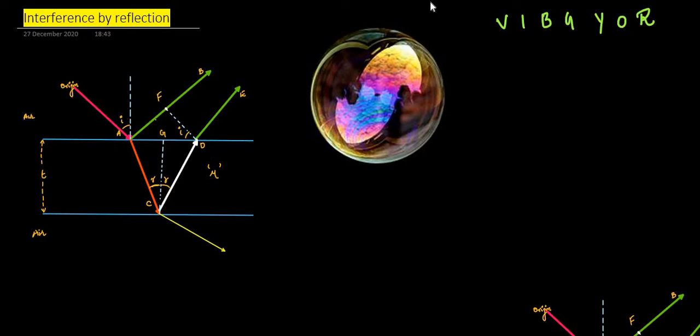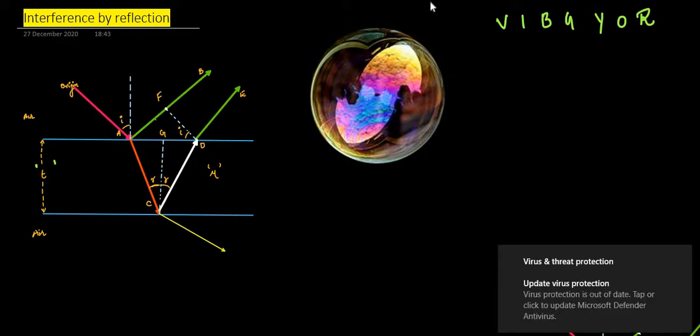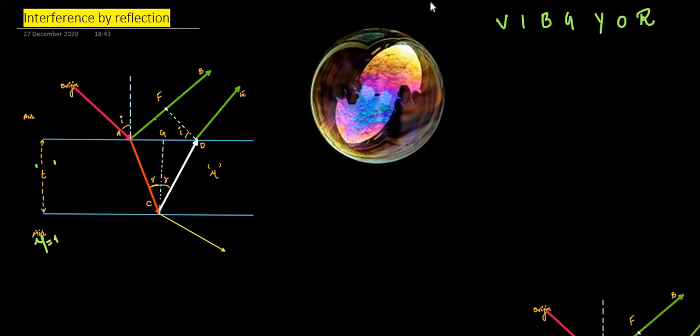Here, I have a thin film of thickness t. Above and below we have air. This film has a refractive index mu. The air has a refractive index mu equal to 1. This is the origin, which I am representing as O, producing white light.